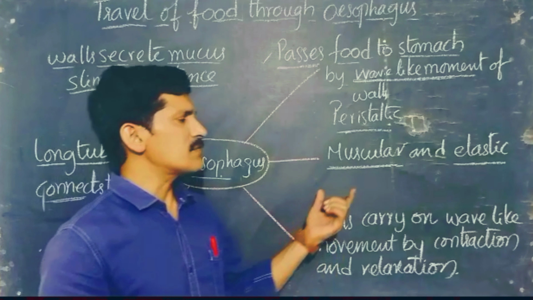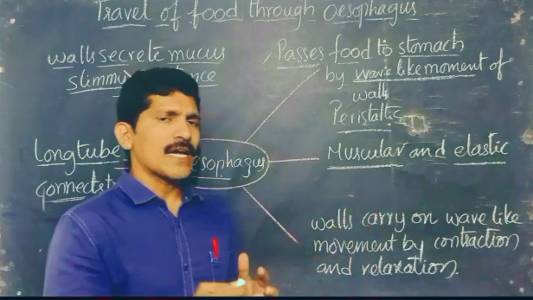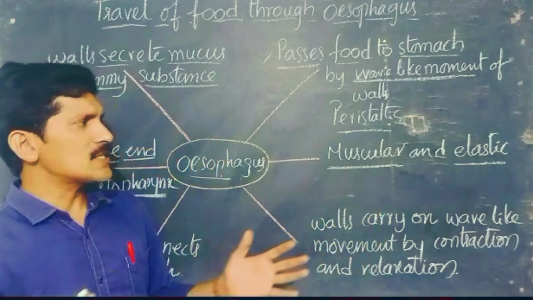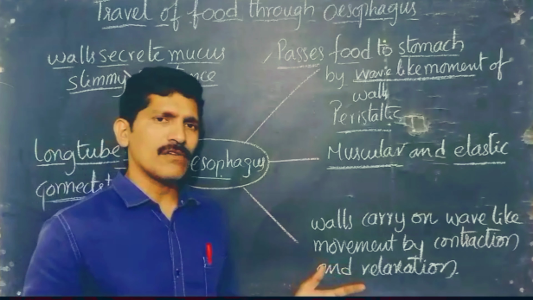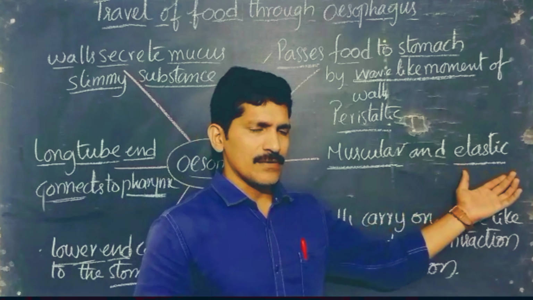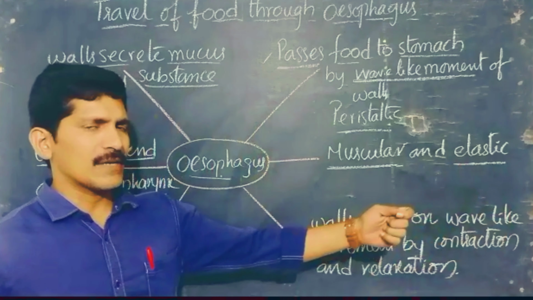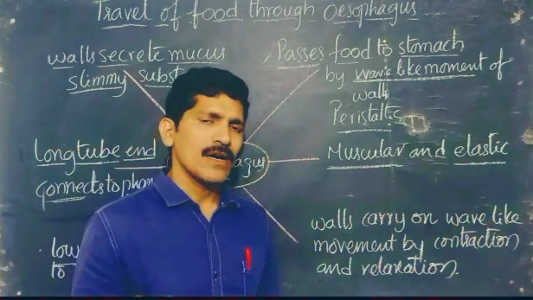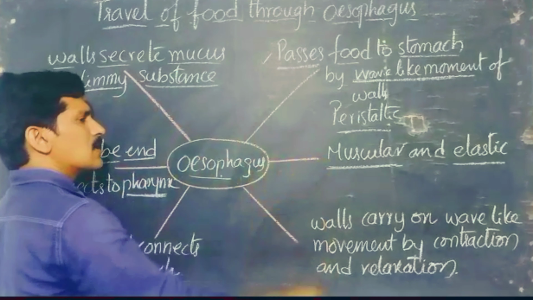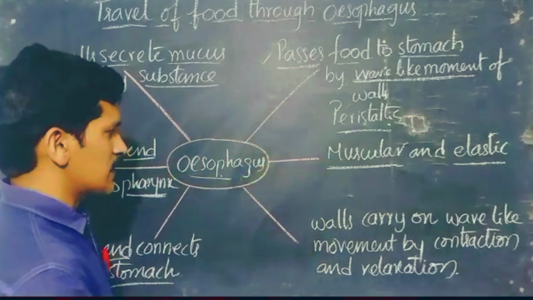Generally, the characteristic feature of muscle is that it can contract and relax. This is the basic characteristic of a muscle, called elastic nature, like a rubber band. It can expand, reduce, or come back to normal. That's the structural position of the esophagus.